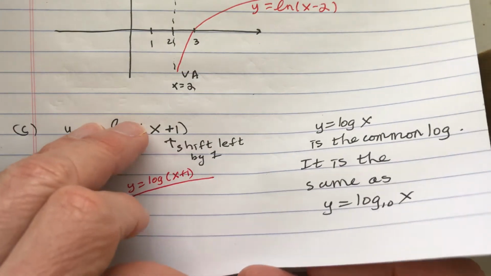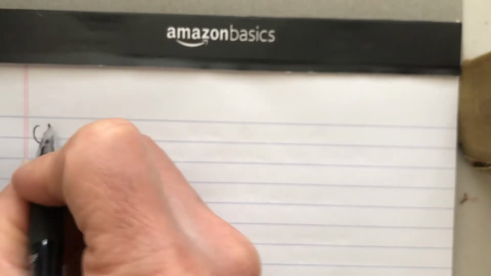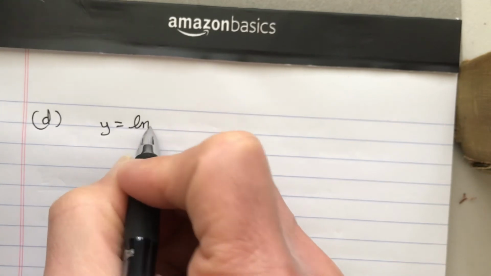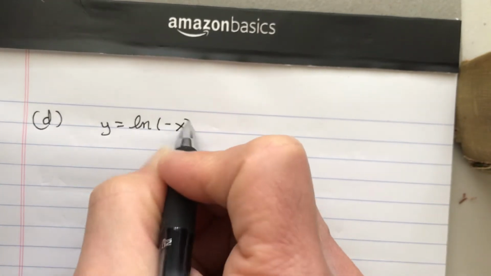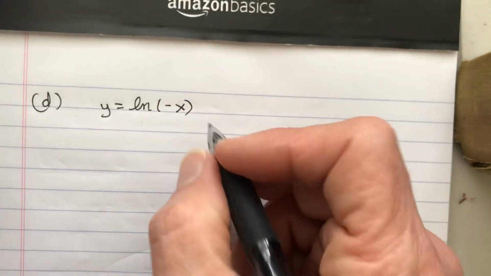Okay. Now we're going to do one that's maybe a little bit tricky, which will be D. Suppose I have y equals ln of negative x. What does this do?